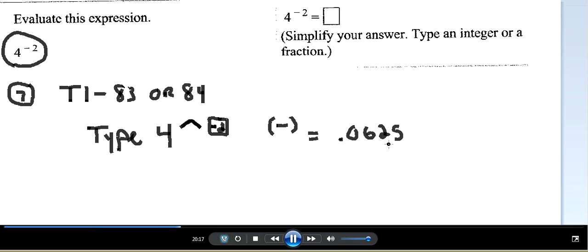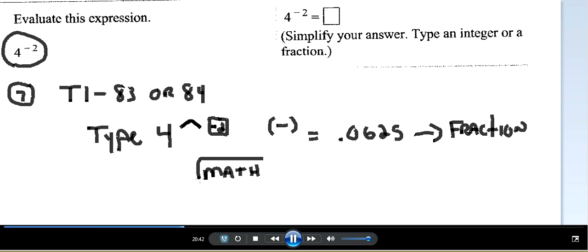Okay, but now what you want to do is change it to a fraction, because that's what they want as part of our answer. And the way you change it to a fraction is you're going to hit the math key, left side, below alpha, the green button.